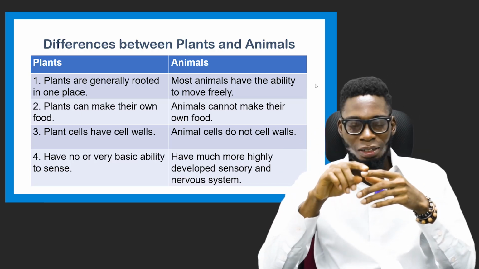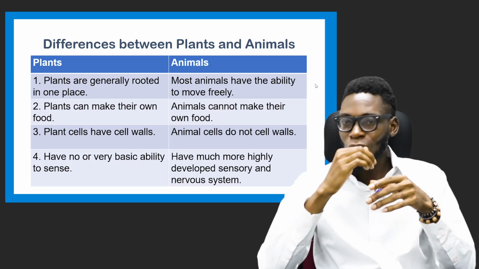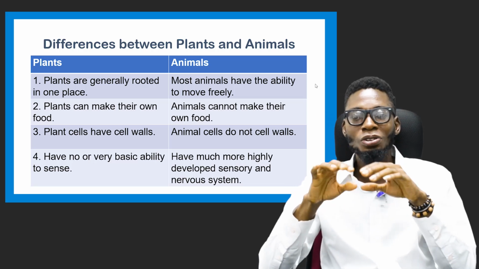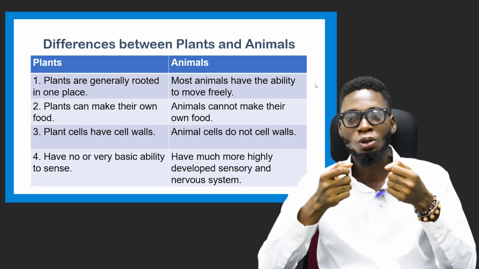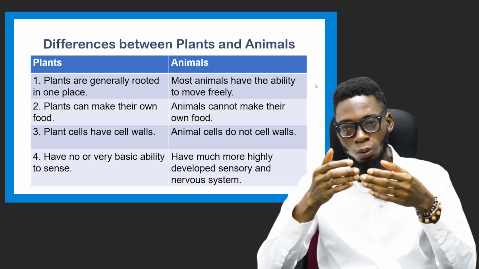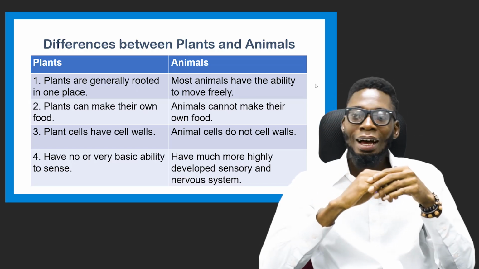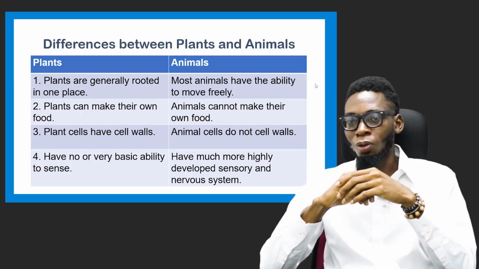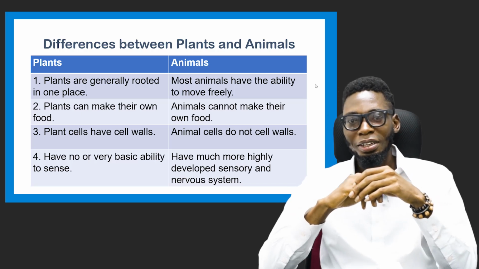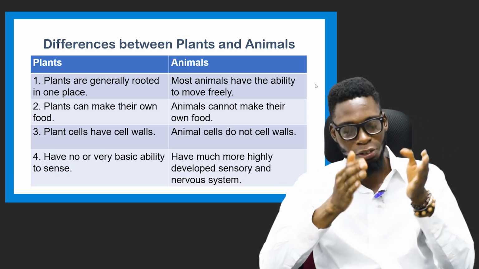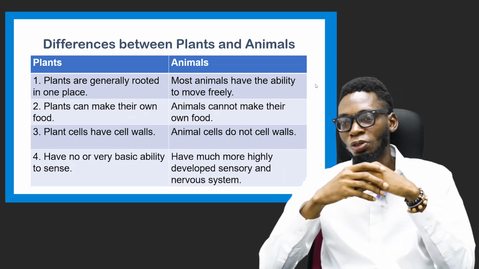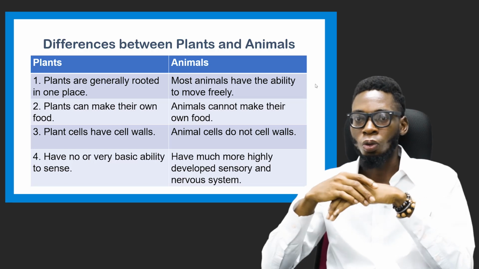Now, the cell wall actually gives the plant cells shape. It makes the plant cells strong. Animal cells do not have cell walls. That is a major difference between plant and animal cells. Plant cells have cell walls, while animal cells do not.